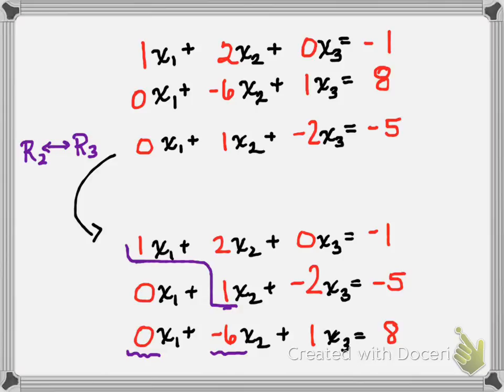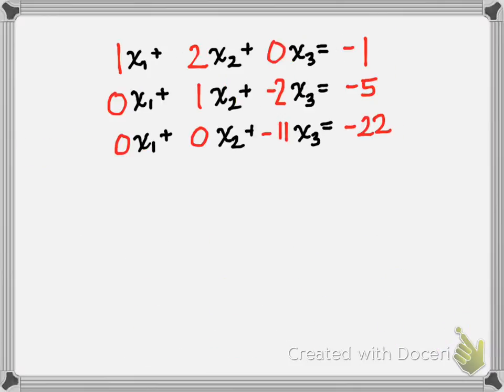So what I'm going to do now is replace row 3 with row 3 plus 6 row 2 in order to make this coefficient in front of x2 0 and not affect the 0 in front of x1. So let's do that.